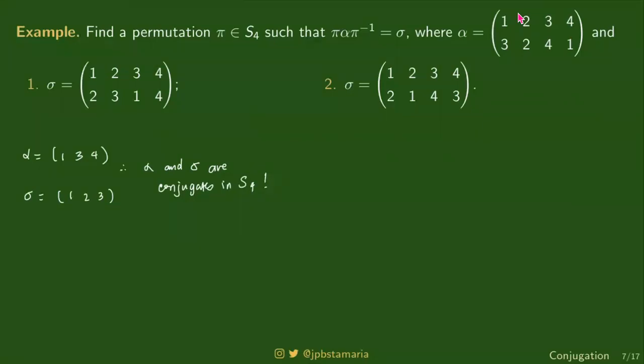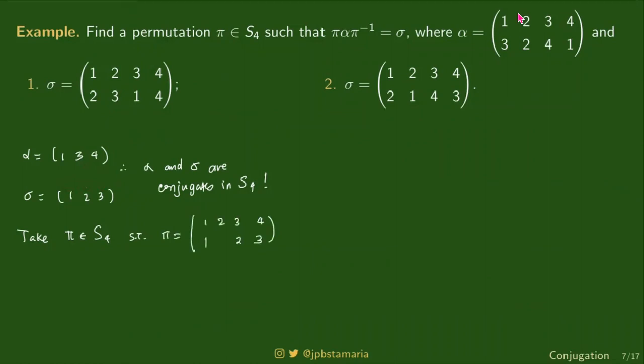Ang gagawin nyo lang, you're just going to find, take pi to be the permutation such that kailangan ipapadala ni pi si 1 kay 1, si 3 kay 2, si 4 kay 3. So, ang gagawin ng pi, dapat si 1 pupunta sa 1, si 3 kay 2, at si 4 kay 3.